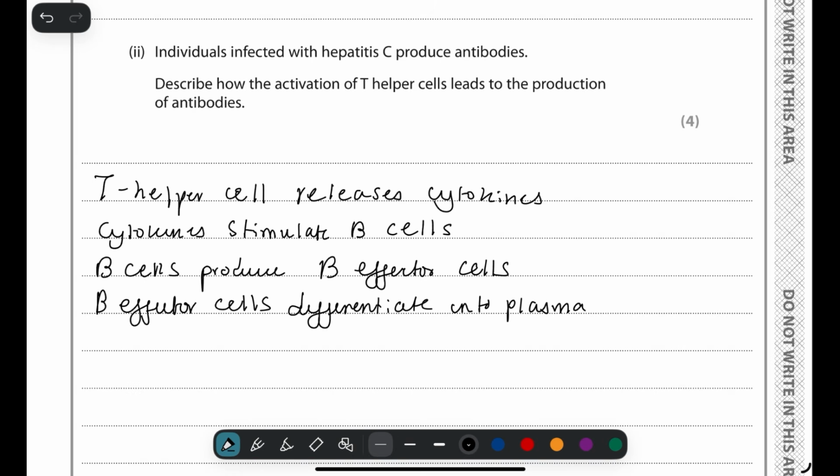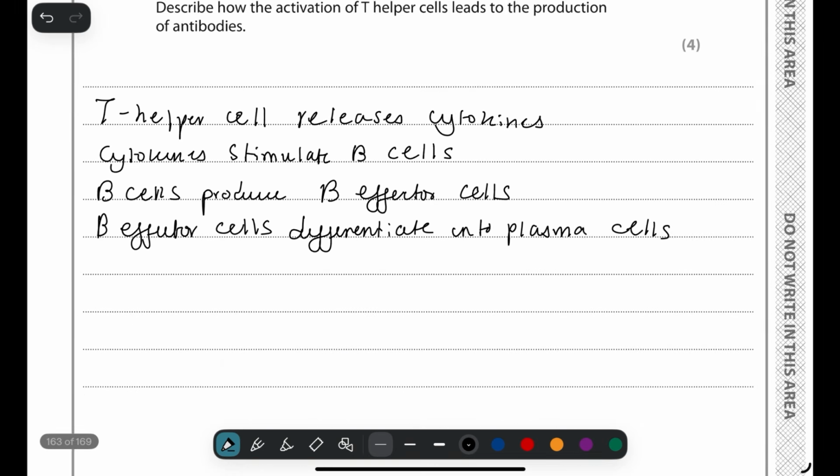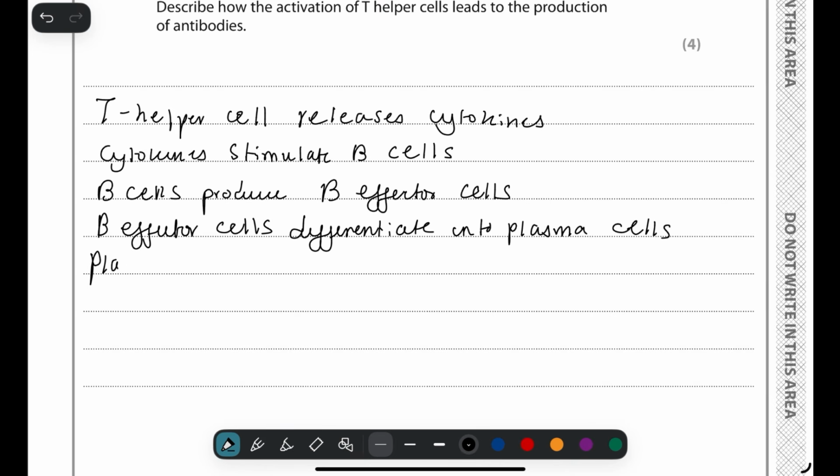And then we can use that word secrete. So plasma cells secrete antibodies. And again, this just comes from knowing the topic. So that question, if you've learned the topic, shouldn't be too bad.